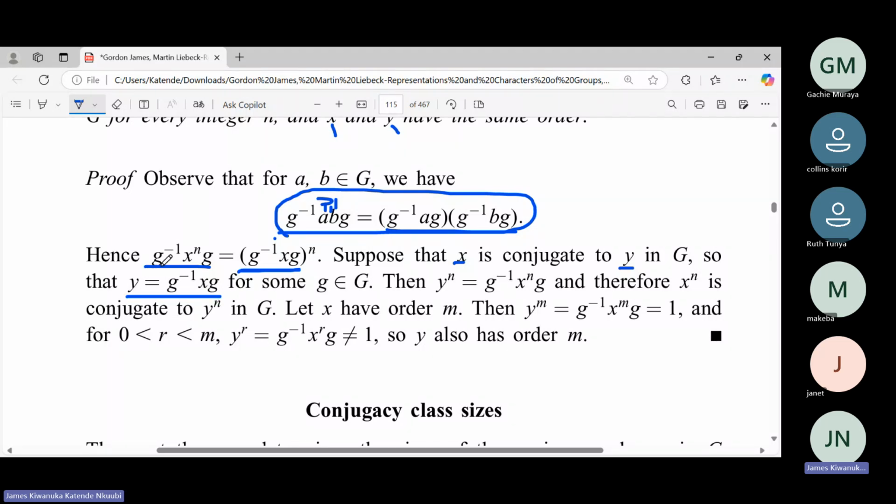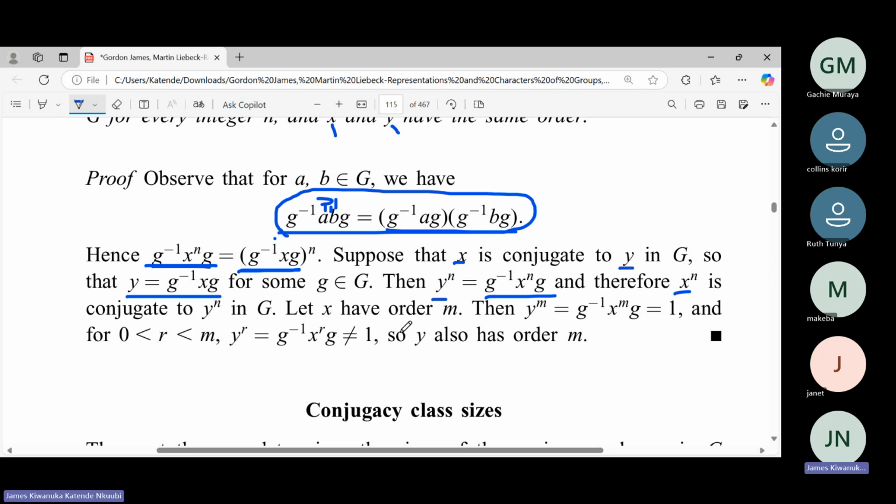And therefore, using this result here, we can write y raised to n in this form, which means y^n is conjugate to x^n. Or if you wish, you can say it the other way around. The relation is symmetric. So x^n is conjugate to y^n.